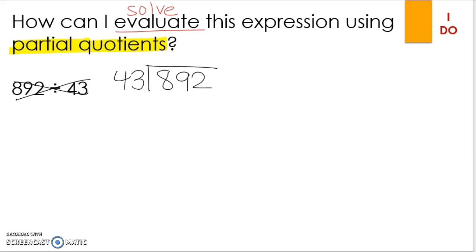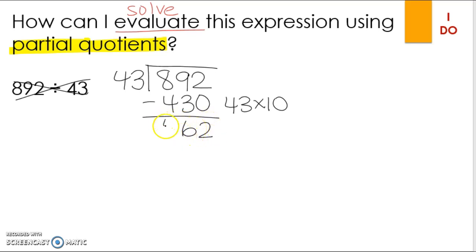Now, when I see 892 divided by 43, I think to myself, well, 43 times 10 is 430. So I'll start there. 892 minus 430 is 462.